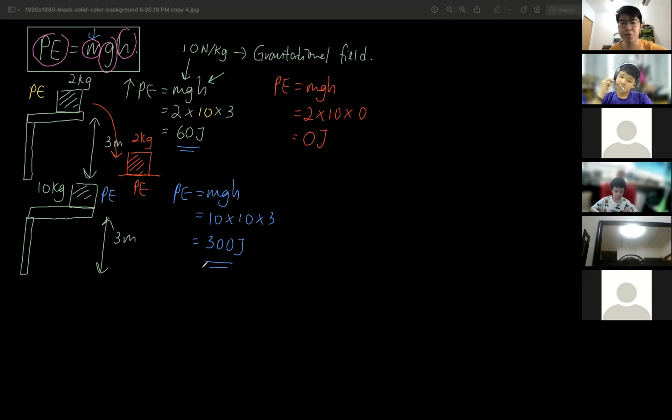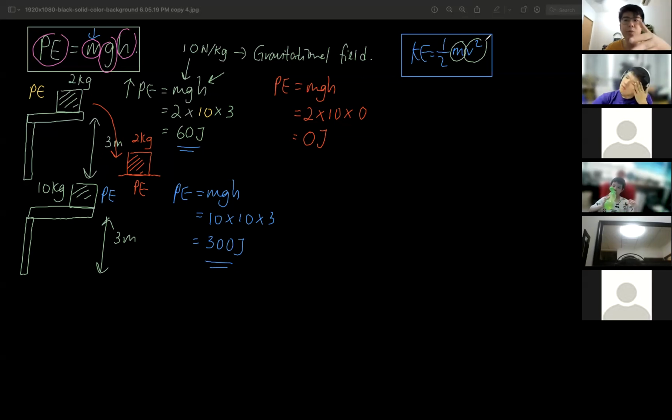What about kinetic energy? Kinetic energy is KE equals half mv squared. So kinetic energy also depends on two things. It depends on the m, and it also depends on the v. So if you increase the mass or you increase the speed, the kinetic energy will increase. And you can see the speed has a square. If I increase it a little bit, after you square it, it becomes a bigger number.